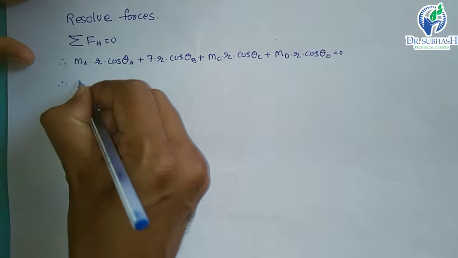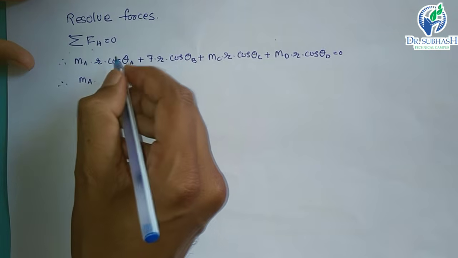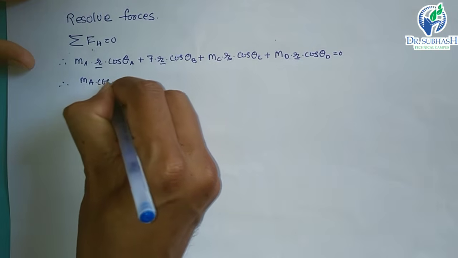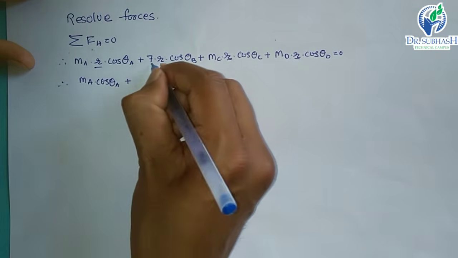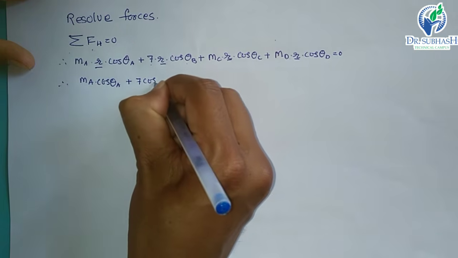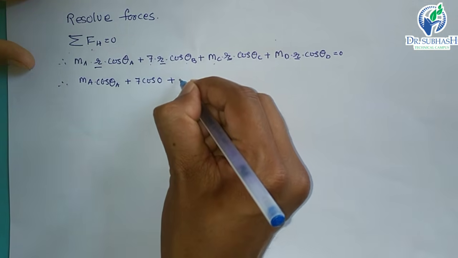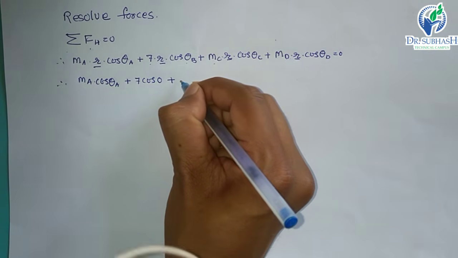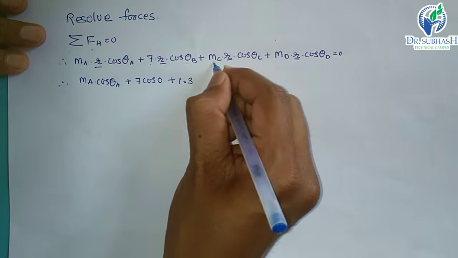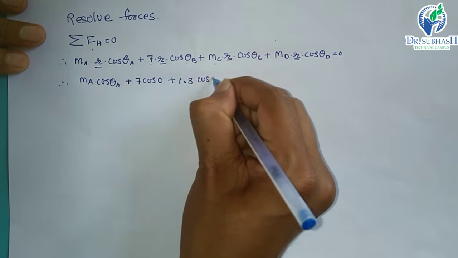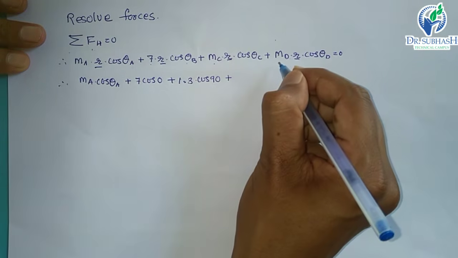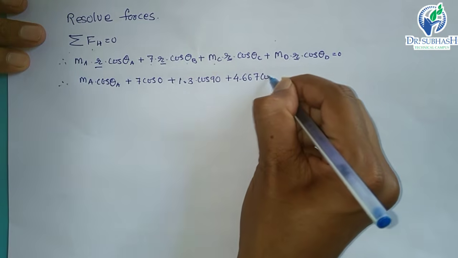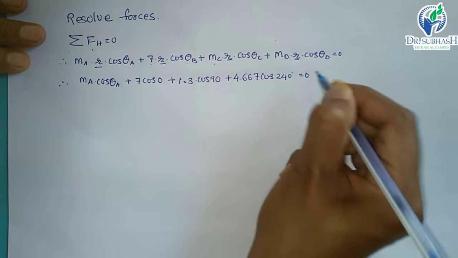So here we write ma is unknown, ma. Now r is common in all terms, so we neglect it. So ma into cos theta a plus 7 into cos theta b, which is 0, plus mc, we get mc is equal to 1.3 kg. mc is equal to 1.3 into cos 90 plus md, we get md is 4.667 into cos 240 degree is equal to 0.